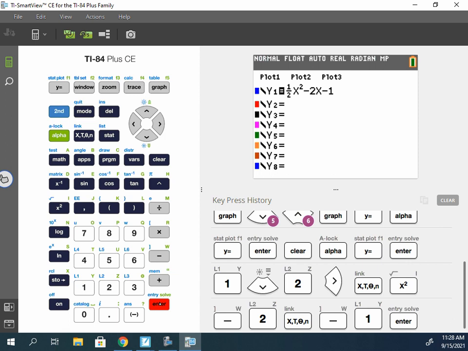Yeah, there was some preset that was messing it up. Alpha y equals. Okay.